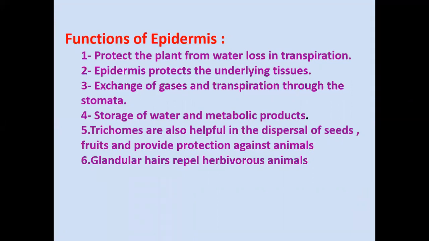Exchange of gases and transpiration through the stomata, storage of water and metabolic products. Trichomes are also helpful in the dispersal of seeds, fruits, and provide protection against animals and insects. Glandular hairs repel herbivorous animals also. So this is about the epidermal tissue systems and its functions.